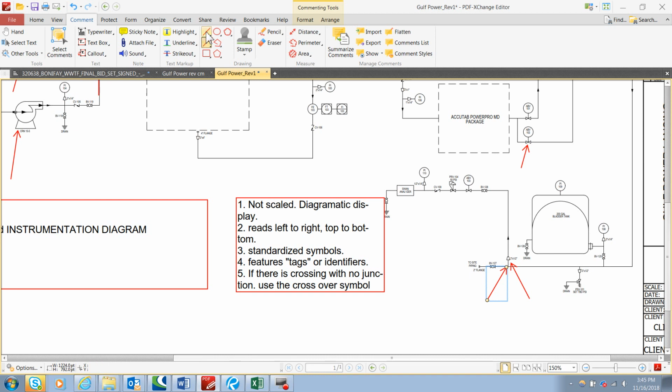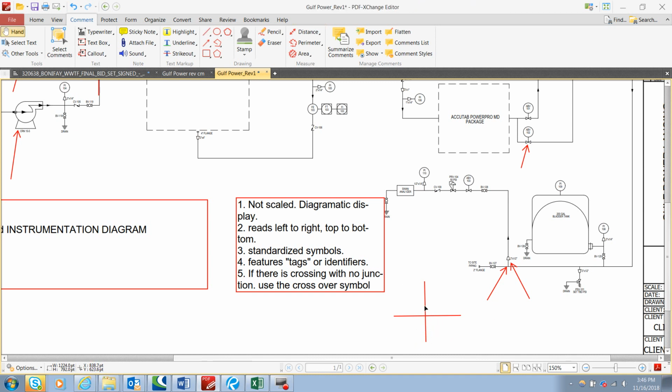And if we have a line running this way and a line running this way, that means that all four of these are joined together. So it's a cross. So all of those are hydraulically, electrically, some way they're all connected together.